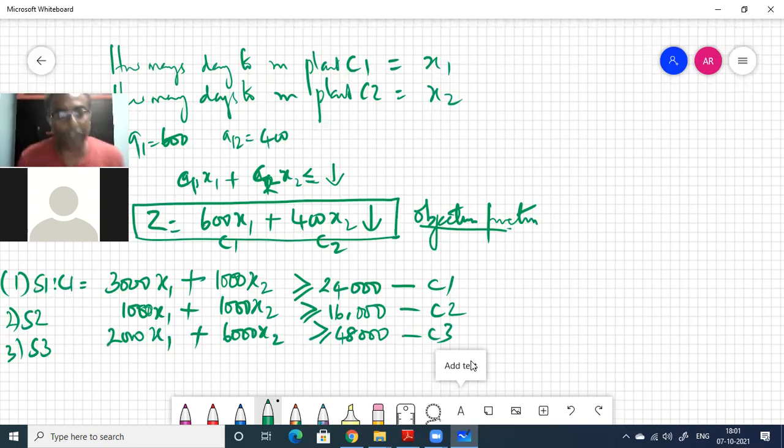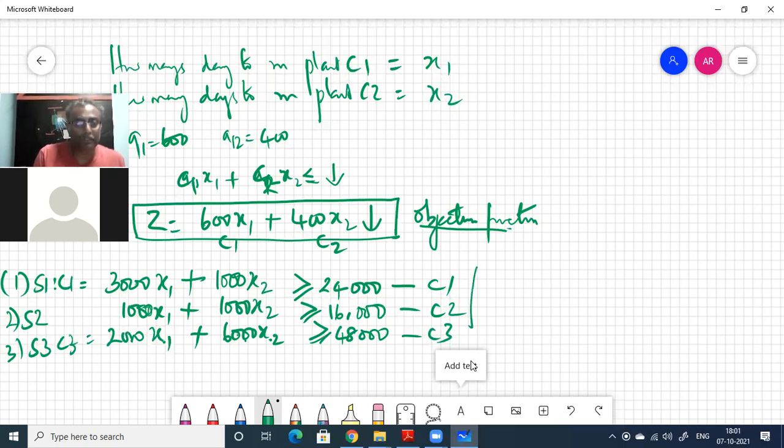So X1 days into 2,000 units plus X2 days into 6,000 units per day should be greater than or equal to 48,000 bottles. These are the three constraints.